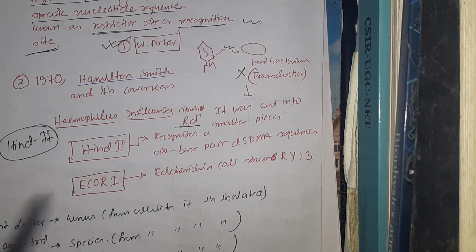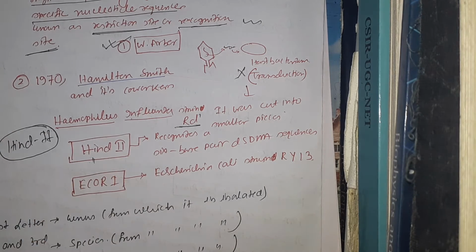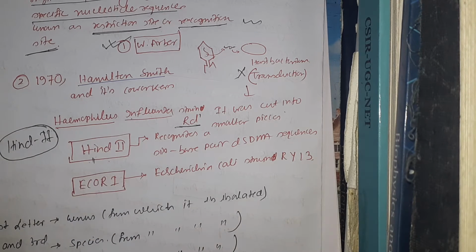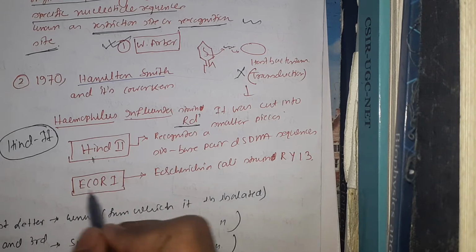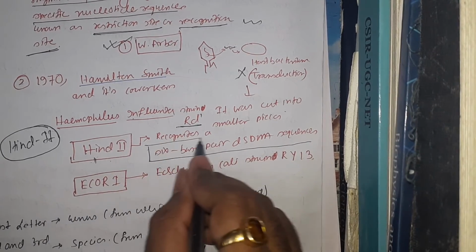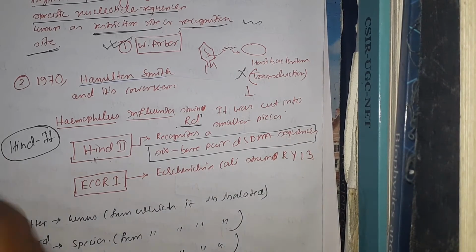As I have told you, this restriction enzyme has the ability to recognize a specific nucleotide sequence among a large one, so we need to talk about the characteristics of the sequence recognized by HindII. HindII recognizes a 6 base pair double stranded DNA sequence, and we are going to talk about this recognition site in our upcoming videos.